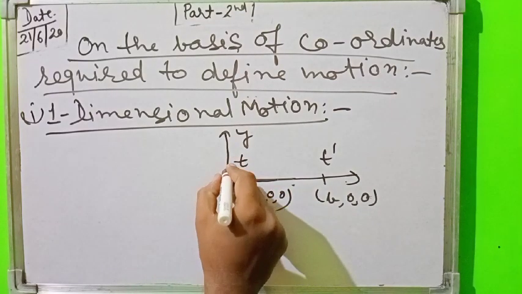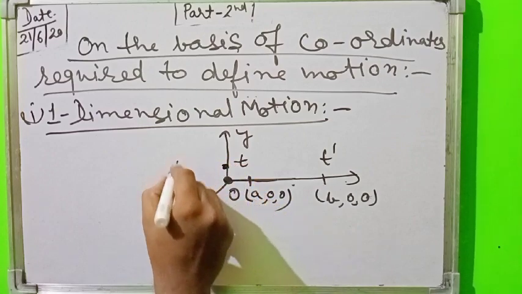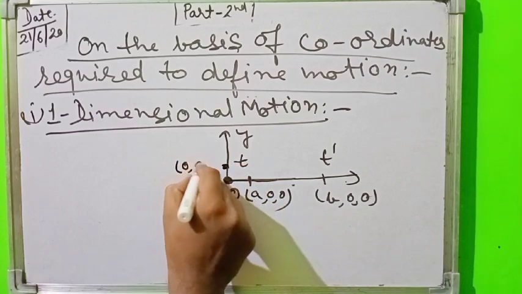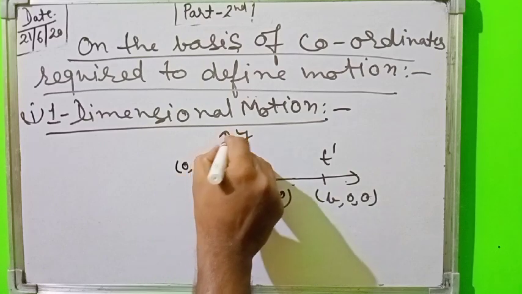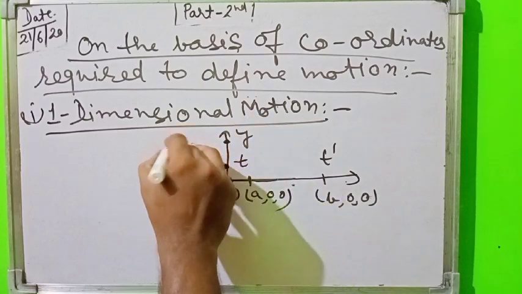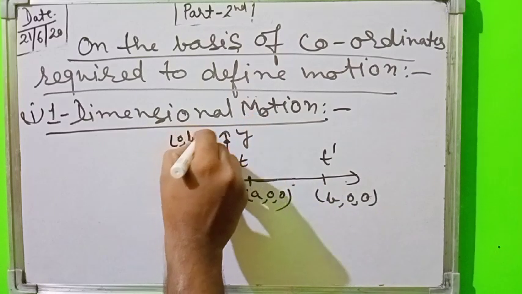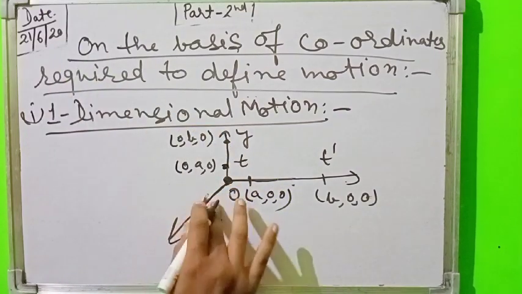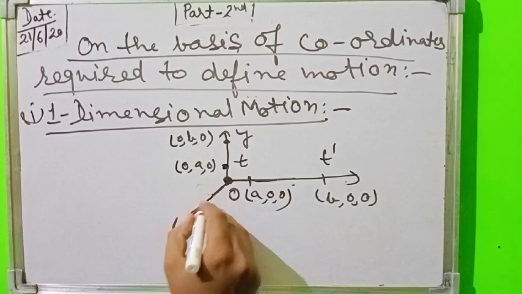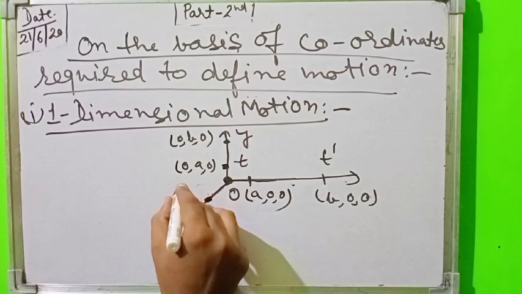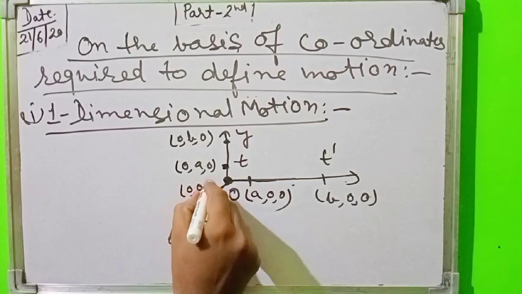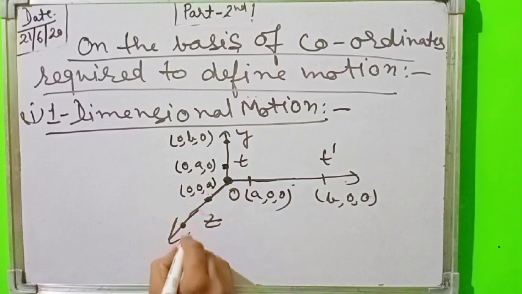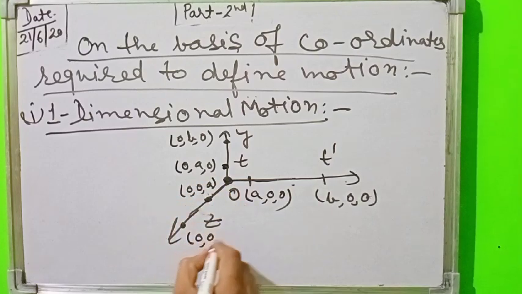Suppose an object is here and its coordinate is 0, a, 0, and after time t it becomes 0, b, 0. Only one axis is changing. Similarly, at any time t the coordinate is 0, 0, a, and after time t it becomes 0, 0, b.